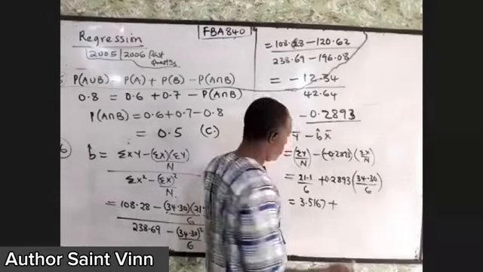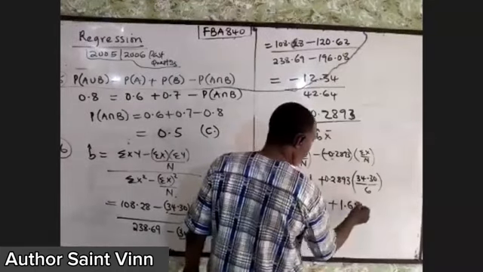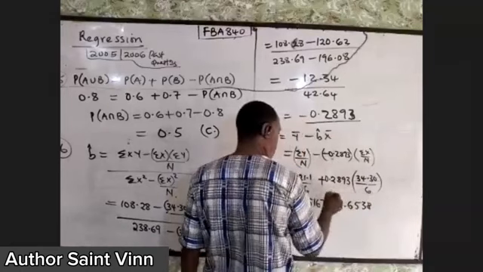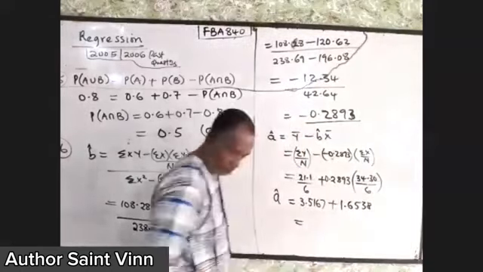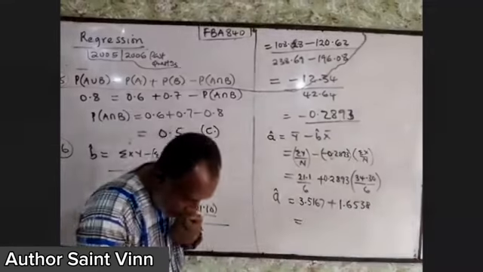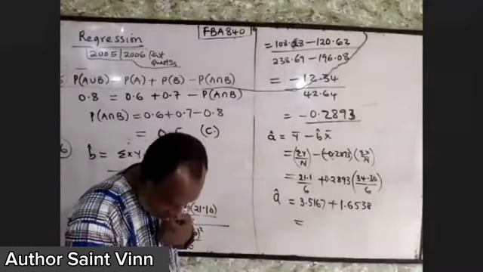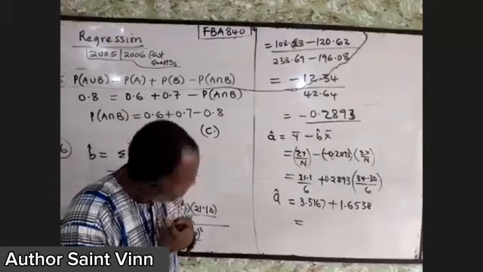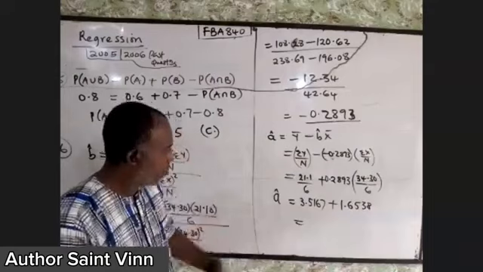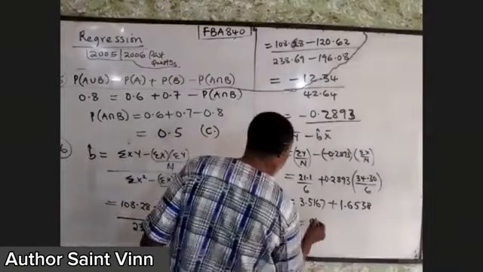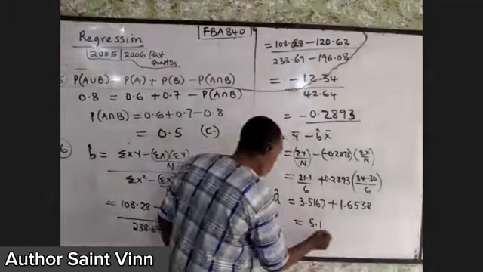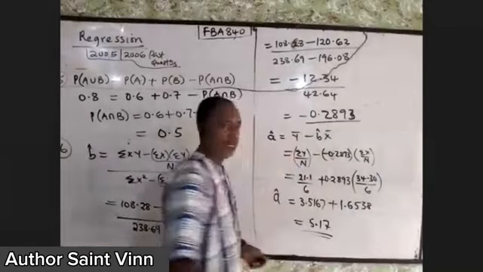That's 1.65, 38. Divide this times this. The result is 5 point something. That's 5.17. Yes, exactly.